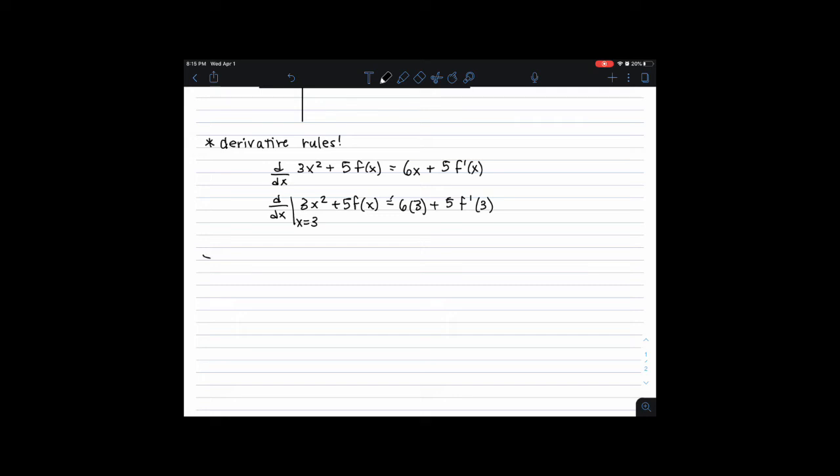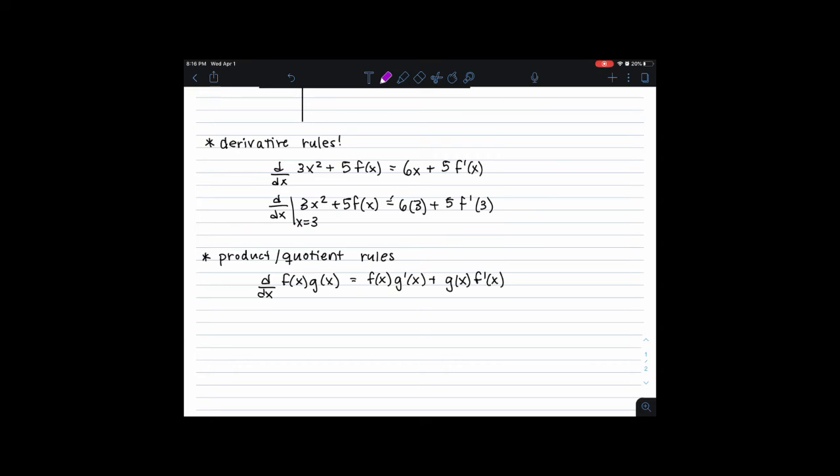Make sure you know your product and quotient rules. So if I have the derivative with respect to x of two functions, say f of x and g of x, that's just f of x times g prime of x plus g of x times f prime of x.